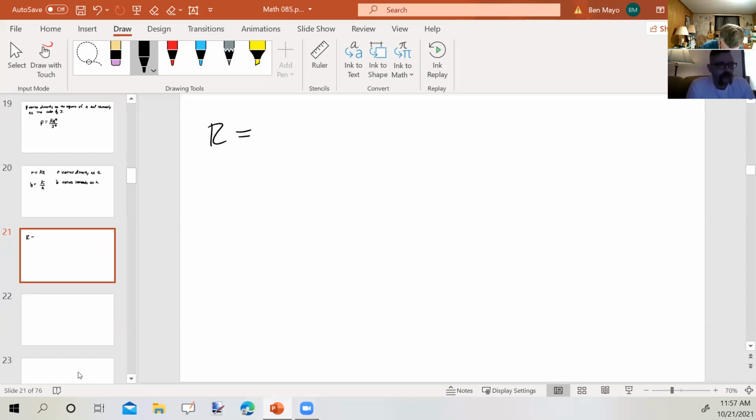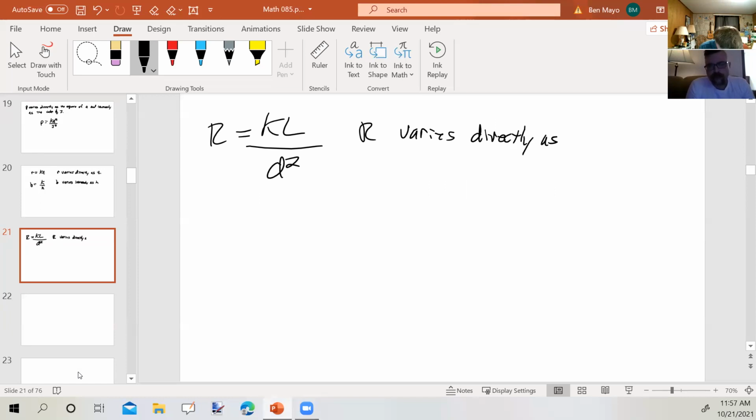R equals K L over D squared. R varies directly as L and inversely as D squared.